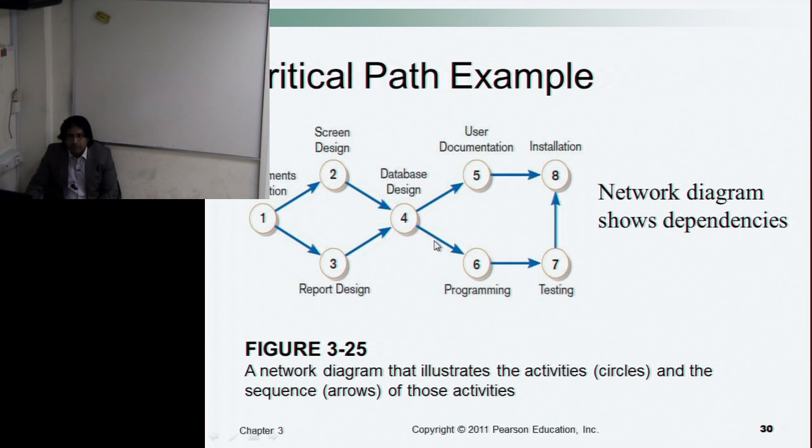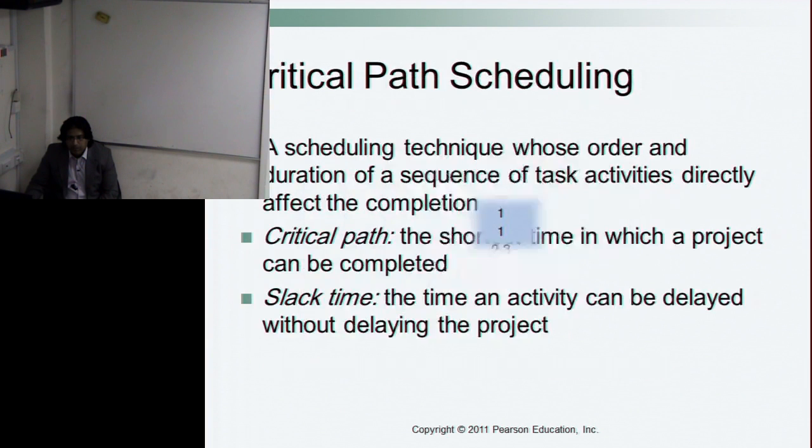So similarly, what is the critical path? Critical path is the shortest time in which the project can be completed, or it is the time before which a project cannot be completed.